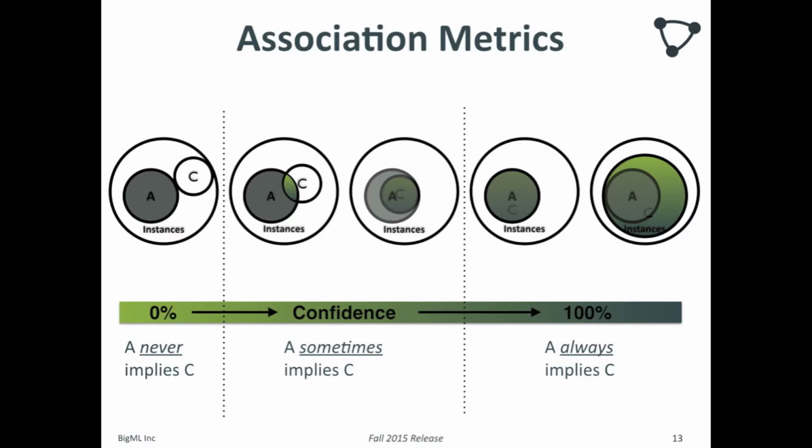If the confidence is 100%, that means these sets are either the same, containing all the same instances, or the consequent is actually larger. That would be another case where the confidence could be 100%, because now all of the antecedents always imply the consequent. So either of those two examples on the right-hand side would be a confidence of 100%.